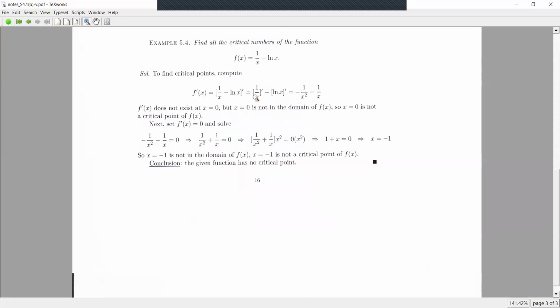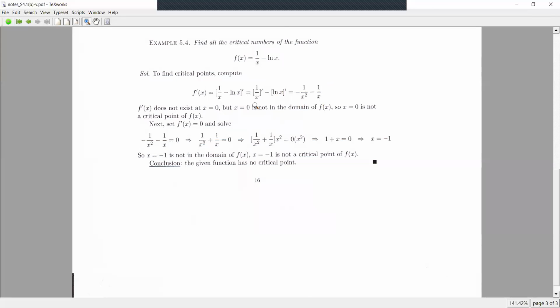For 1 over x, you can use quotient rule to get the derivative is this. Natural log derivative is 1 over x. So this is the derivative of this function.